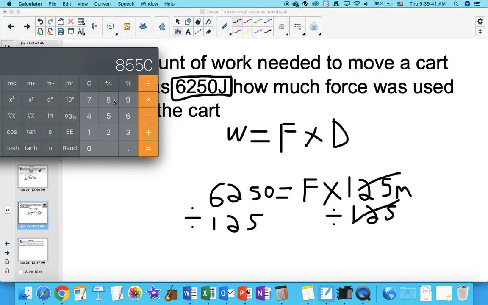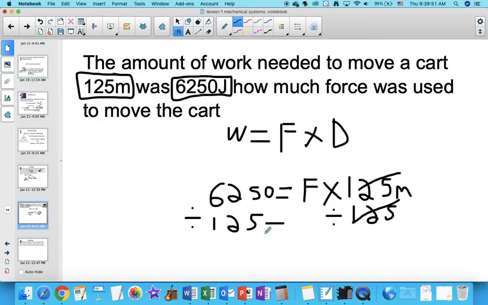Which gives me 6,250 divided by 125. That gives me 50. So now I know that F must equal 50. So 50 equals our force. Now remember, there's a unit for force. It is newtons. So 50 newtons was used.